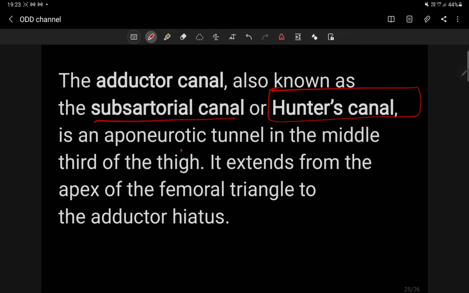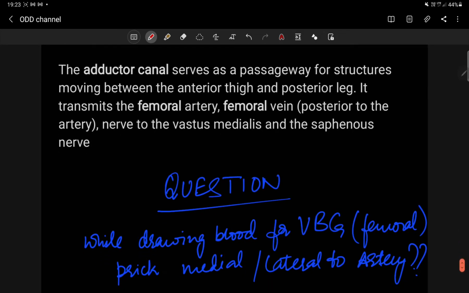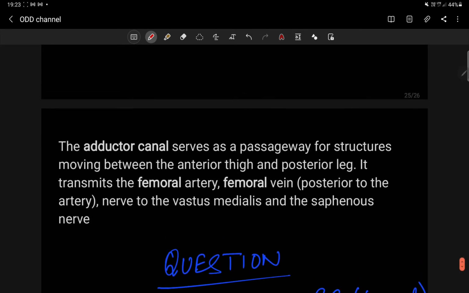This is an aponeurotic tunnel in the middle third of the thigh, and it extends from the apex of the femoral triangle to the adductor hiatus distally. This adductor canal serves as a passageway for structures moving between the anterior thigh and the posterior leg. It transmits the femoral artery, femoral vein, the nerve to the vastus medialis and the saphenous nerve.